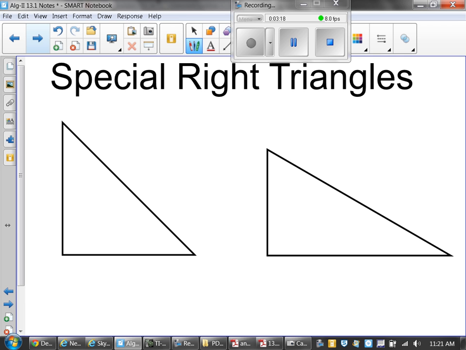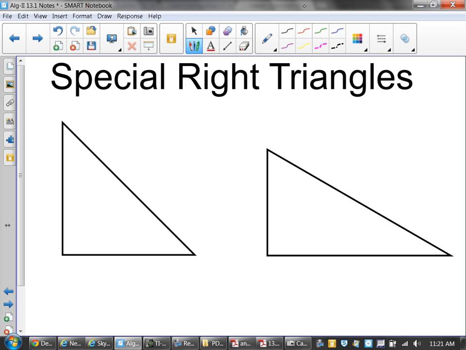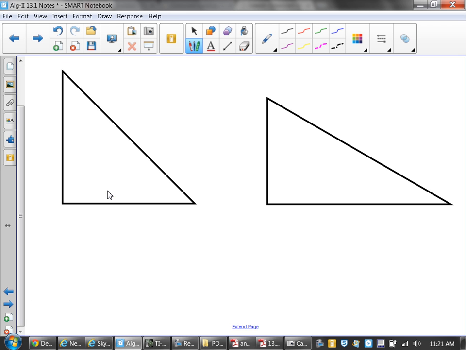Special right triangles. Remember these? We have the 30, 60, 90s. So when we're dealing with the special right triangles, we've got our 45, 45, 90.